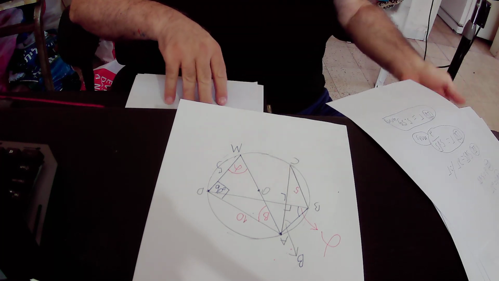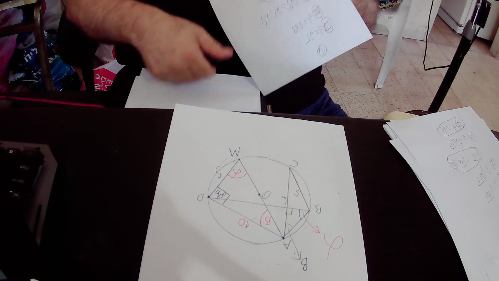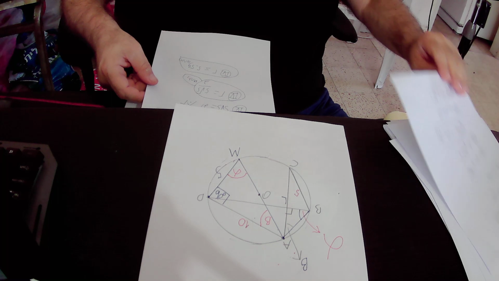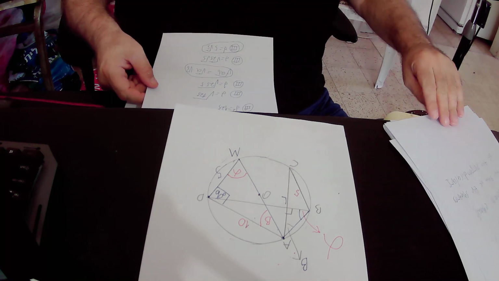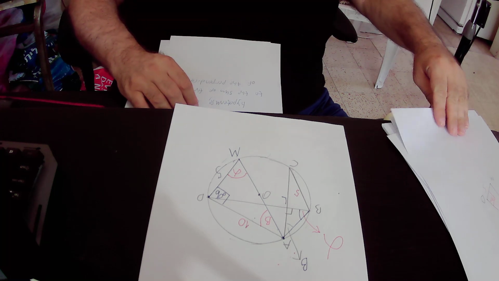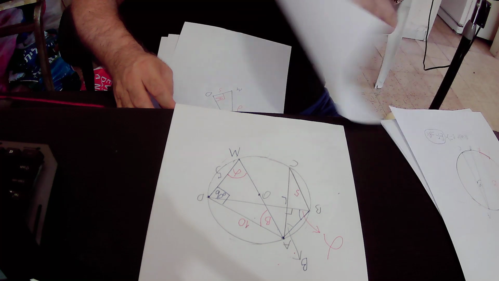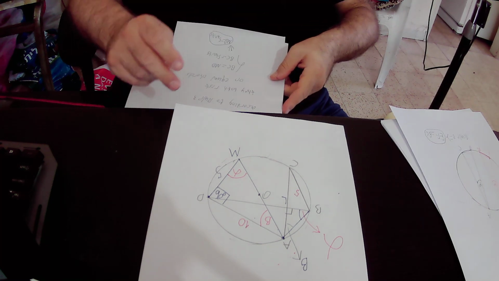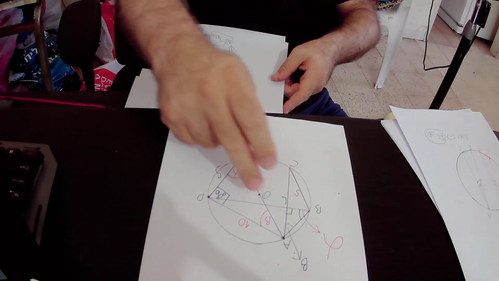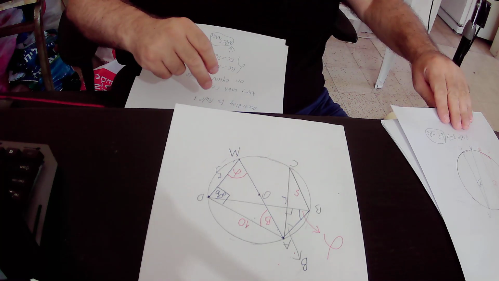Now I will summarize the lecture. Actually, we wanted to find the radius of this circle. We know that chord AD equals 10 units and chord BC equals 5 units.